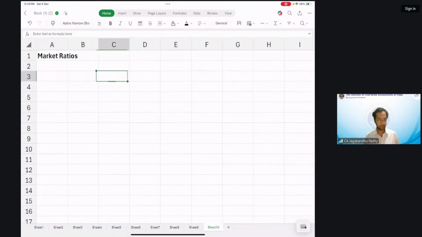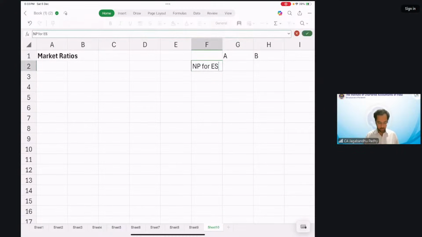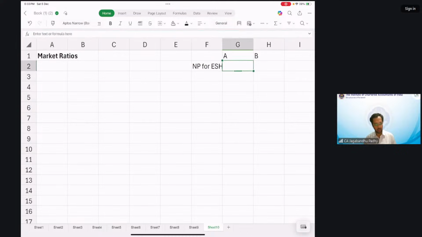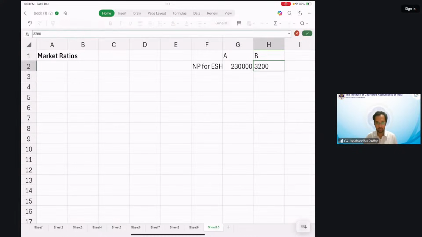Let us say we have two companies, A and B, with their respective net profit for equity shareholders numbers. A is having a net profit for equity shareholders of, let's say, 2,30,000. The other is having 3,20,000.